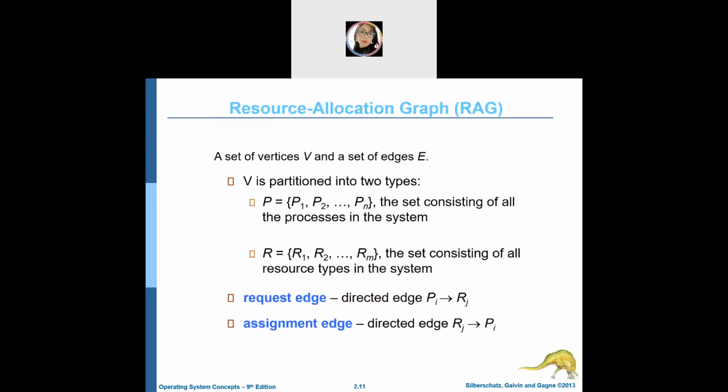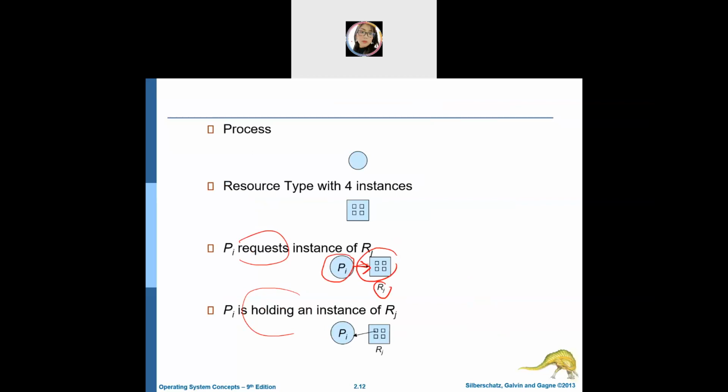Please take note that we use only short-form letters: P for process, R for resources. All of this we covered last time, so please remember: request edge and assignment edge. Only these two things, and I hope you still remember, it is quite easy.